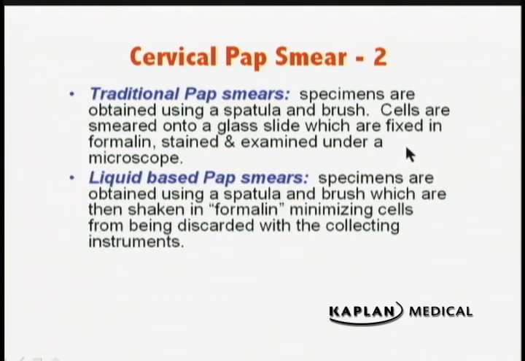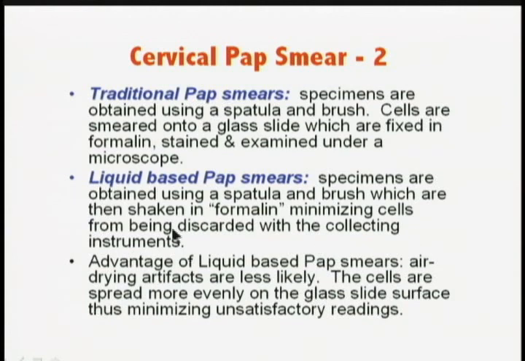The newer method uses a liquid-based pap smear. We still obtain the specimens using the spatula and brush, but instead of smearing them onto a glass slide, they are shaken in a formalin solution, and the advantage is that you shake off, hopefully, all of the cells, and you don't discard them as can happen with the collecting instrument.